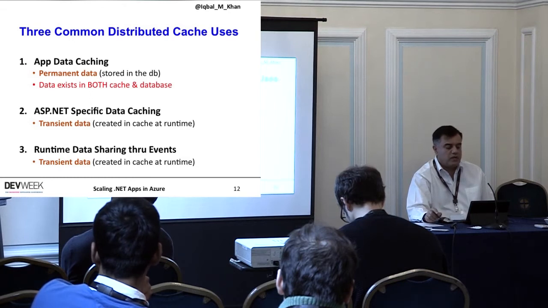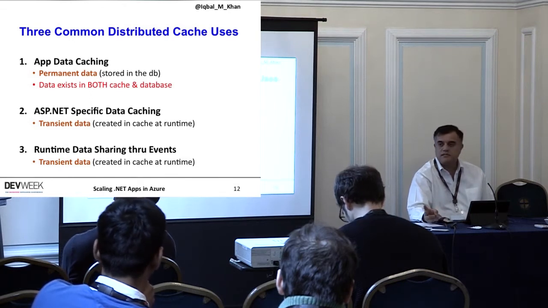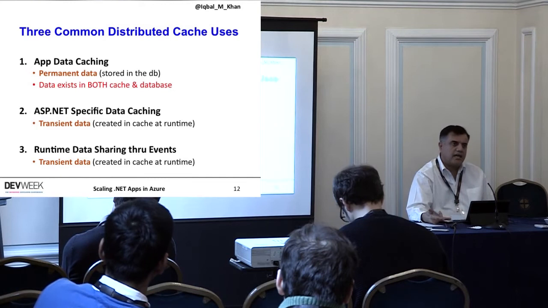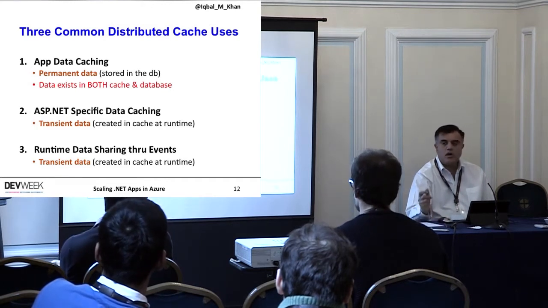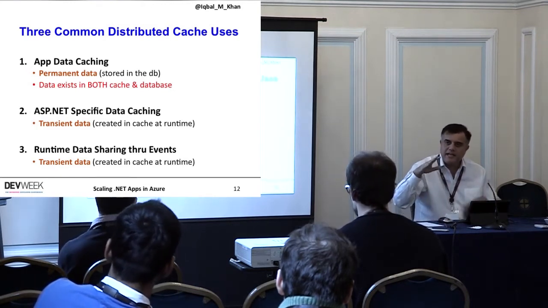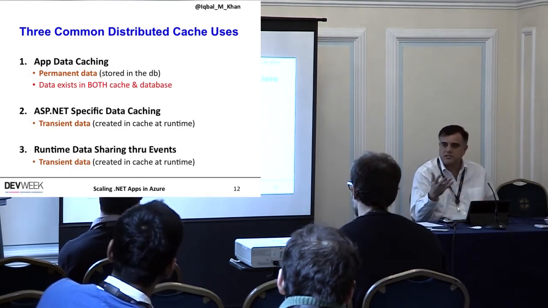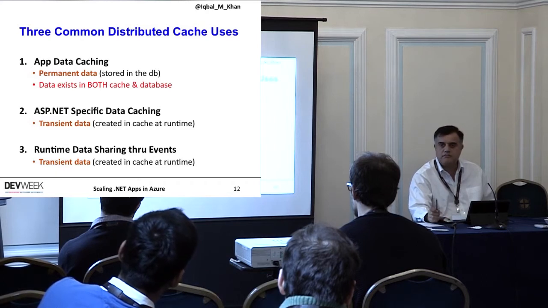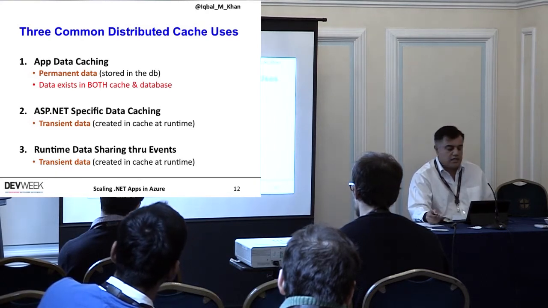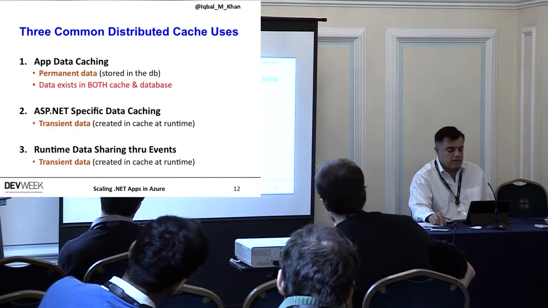So when you cache it, the data exists in two places, the database and the cache. All the issues of having data exist in two places have to be resolved by a distributed cache if it's a good cache. If it's not a good cache, then you will have to resolve them yourself.